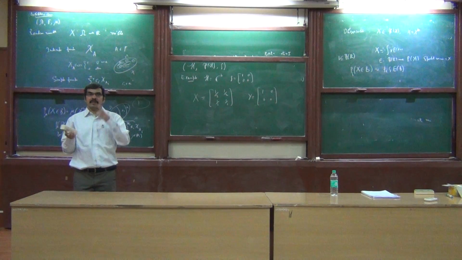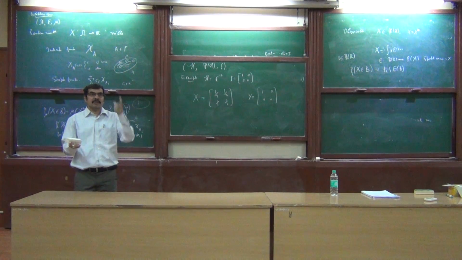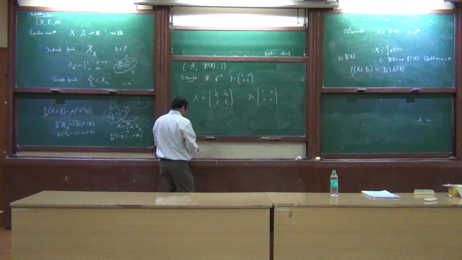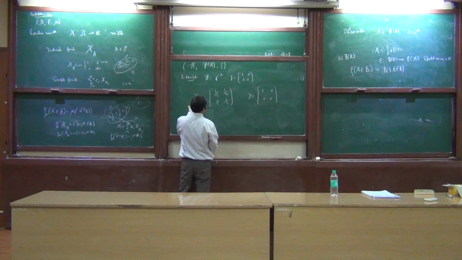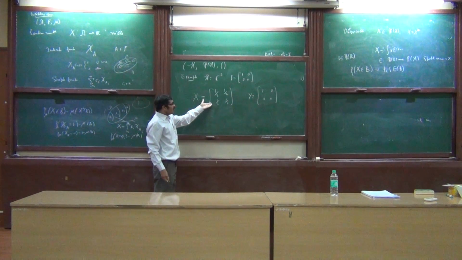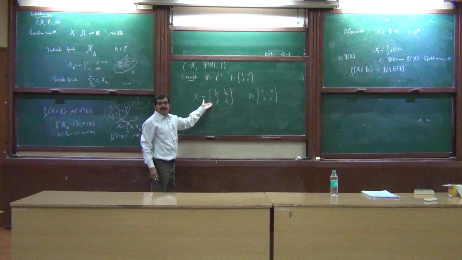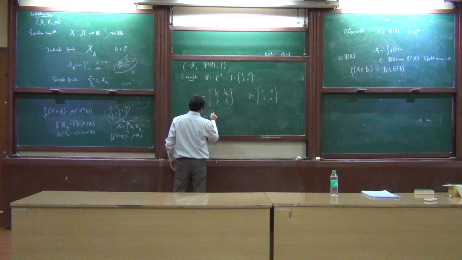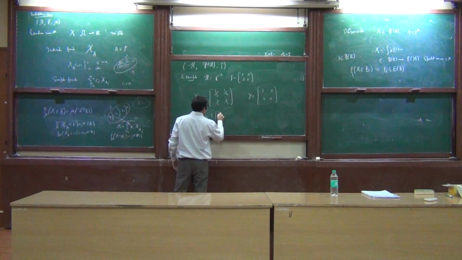So I can say what are the values taken by x and what are the probabilities. For that I need to know the spectral decomposition of x, but the spectral decomposition of this is easy. This is just a projection, so the spectral decomposition of x is just 1 times this.